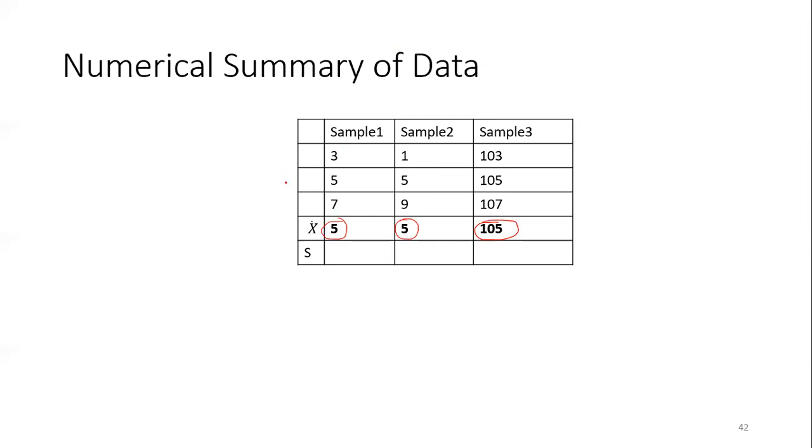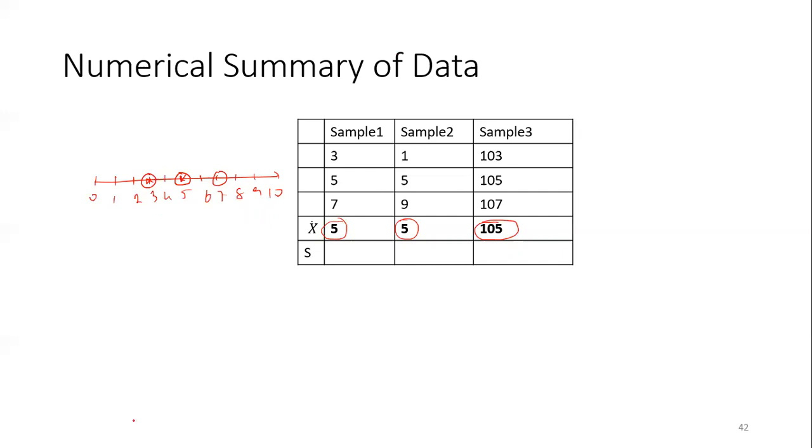Now let's try to find the standard deviation. Before finding this, what do you think about the standard deviation of the first data and the second data? Let's say this is 0, 1, 2, 3, 4, 5, 6, 7, 8, 9, and 10. In the first data you have 5, 3 and 7.